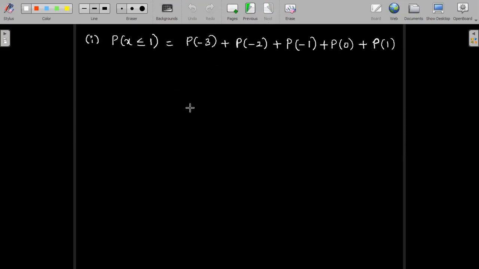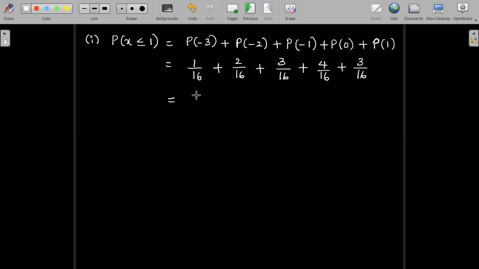So each one of them, we are going to sum up now. Probability of minus 3 is 1 by 16, from the table we can write it down. Plus probability of minus 2 is 2 by 16. Probability of minus 1 is 3 by 16. Probability of 0 is 4 by 16. And the last one is 3 by 16 again.